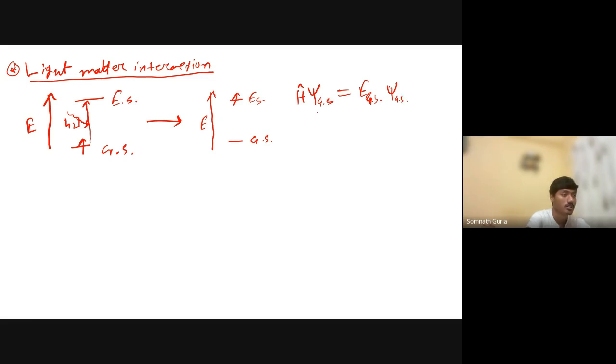Now there is a perturbation. We are providing some light, sunlight, some H over here.